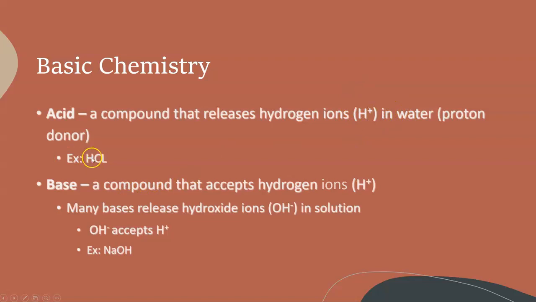So HCl will give up an H+ and a Cl-. That is an acid, hydrochloric acid. A base is a compound that will accept those protons, those hydrogen ions. Many bases will release OH- into the solution. OH- will then accept H+, and what is that going to build you? H2O, water.